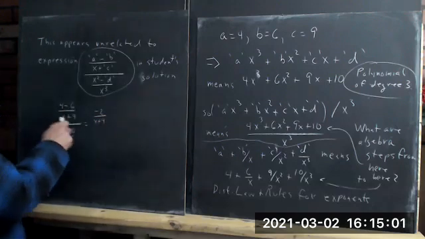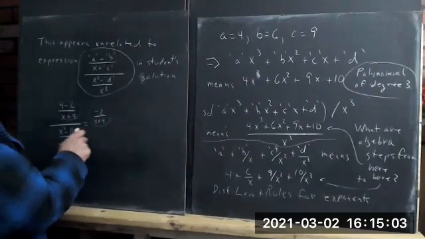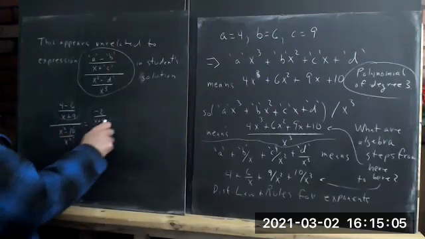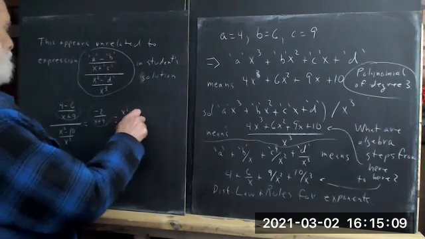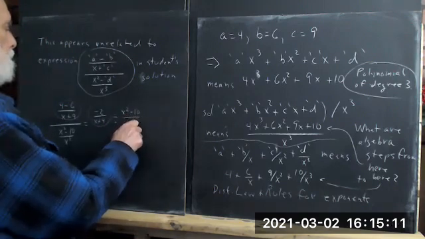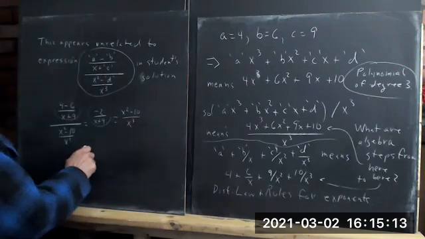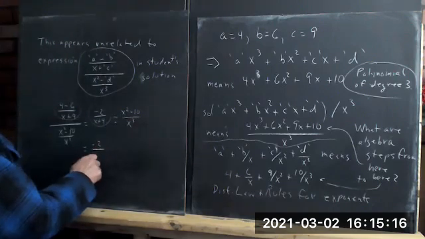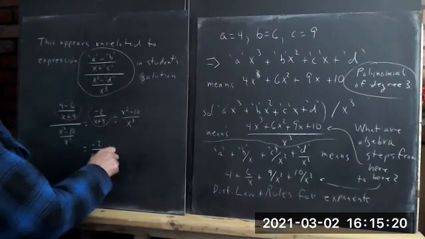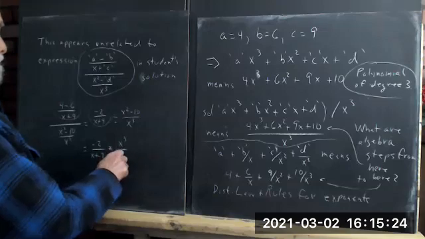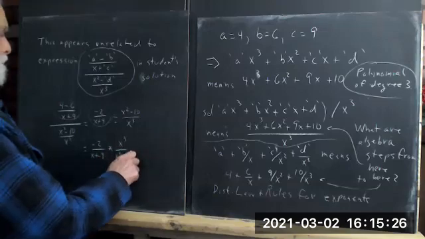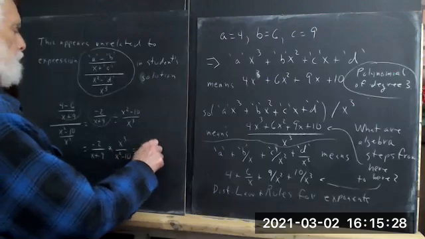So I'll replace this with this. And this division means divided by x squared minus 10 over x cubed. But that's equal to negative 2 over x plus 9 multiplied by the reciprocal, which is x cubed over x squared minus 10. So that's minus 2x cubed.